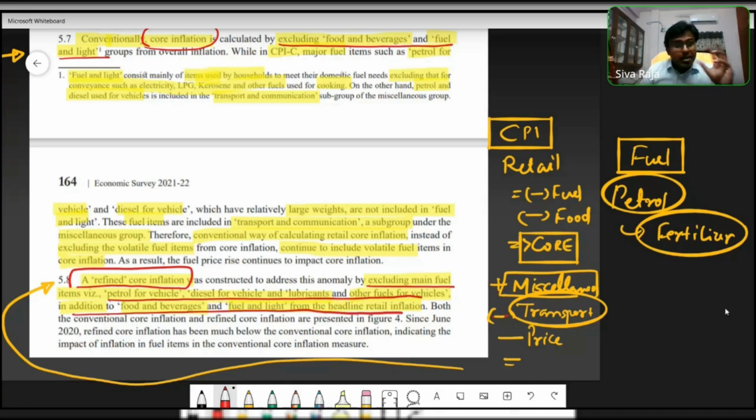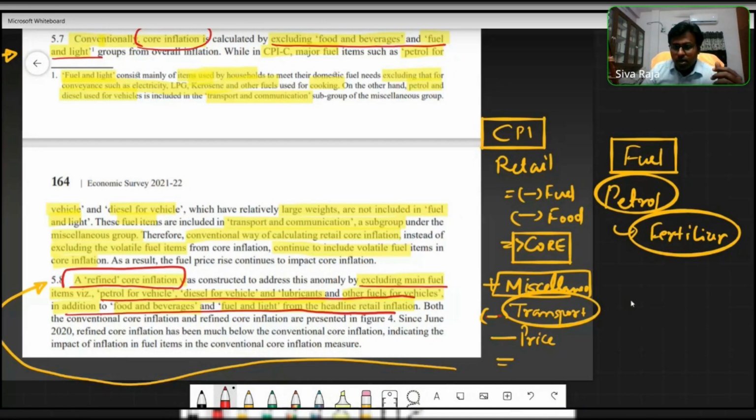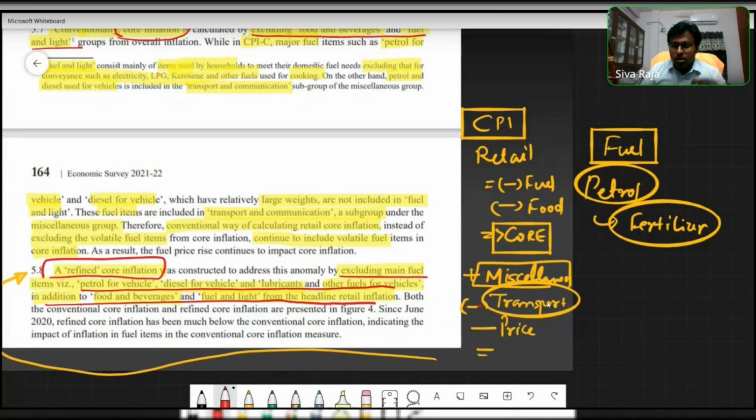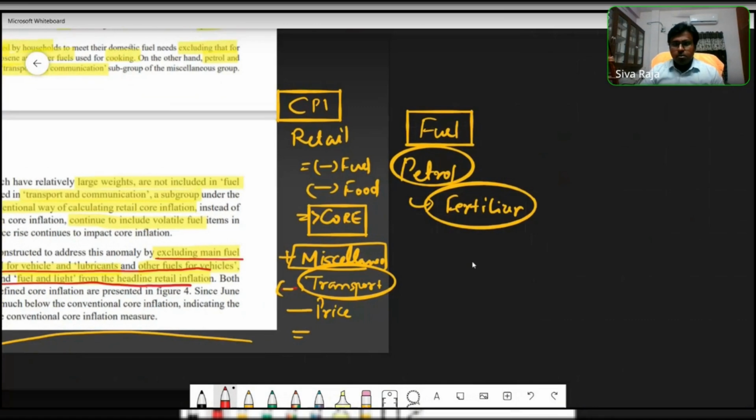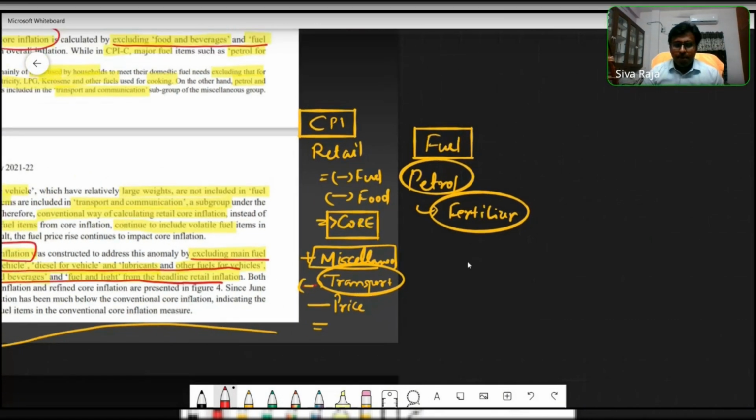So why I am stressing on this is that UPSC will like all these key terms. Retail, so this is a key term. Look at these key terms: WPI, CPI.